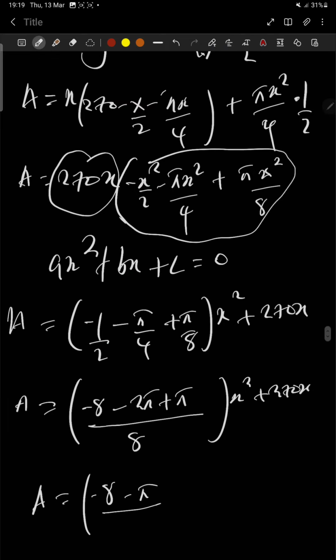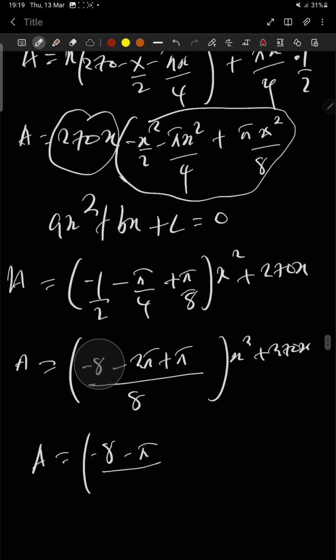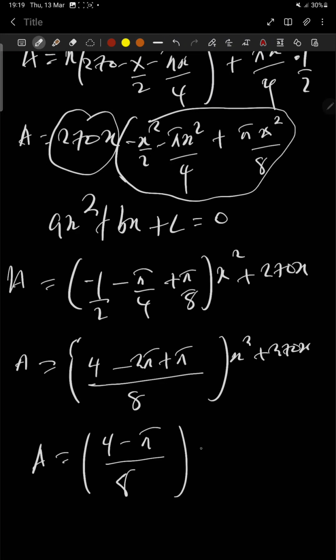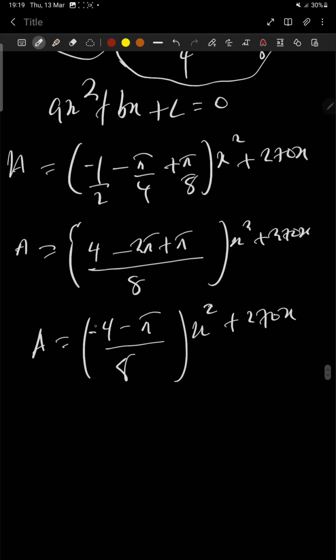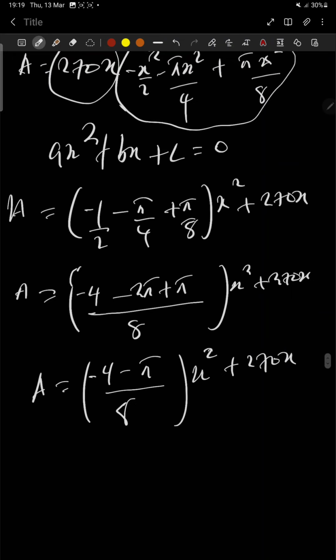So if we factorize, this will be 2, so this will be 4, yes, this makes sense. Oh no, this is 4, like that. Okay, just a minute, let me just correct where I've made 1 or 2 mistakes. I want to see there. So this will be 4 minus pi over 8, okay, then yeah, this is okay. Okay, now this is negative, of course. This is supposed to be negative.